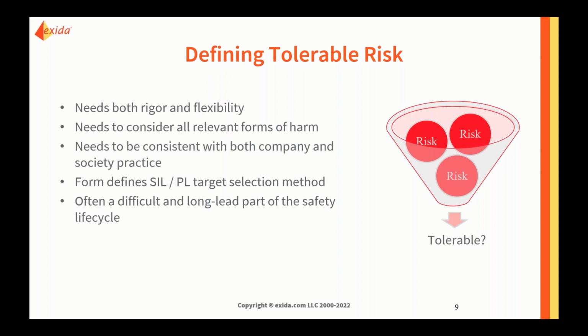But in terms of that tolerable risk, how we define it tends to guide how we look at risk, and similarly how we apply various risk analysis methods such as LOPA to identify any SIL targets or performance level targets that we might need for any safety functions that we apply to our machine or our process to manage that risk down to this tolerable level.